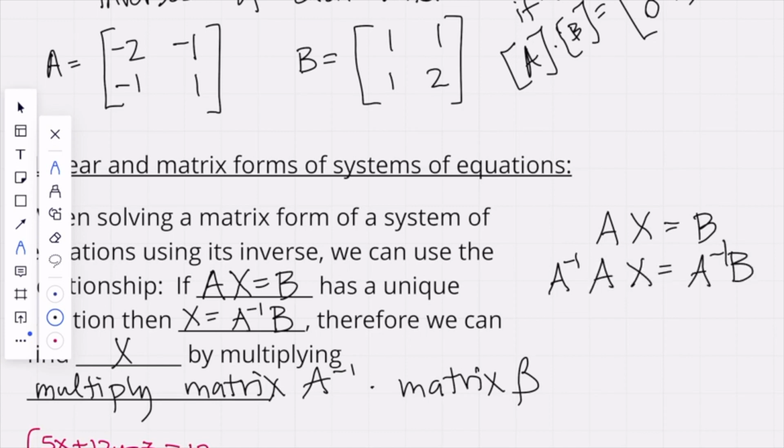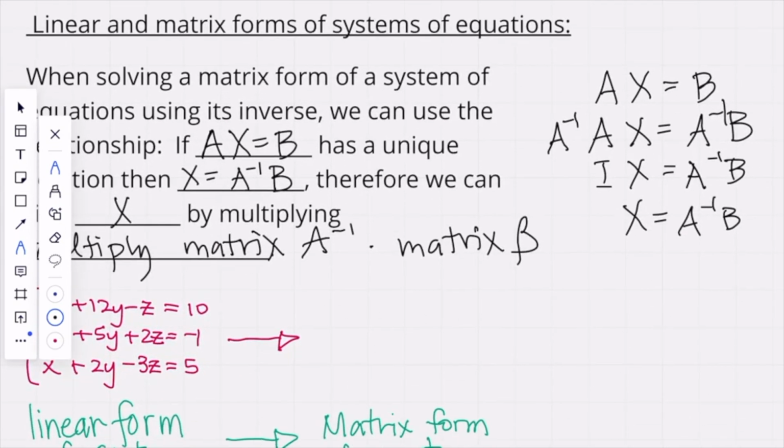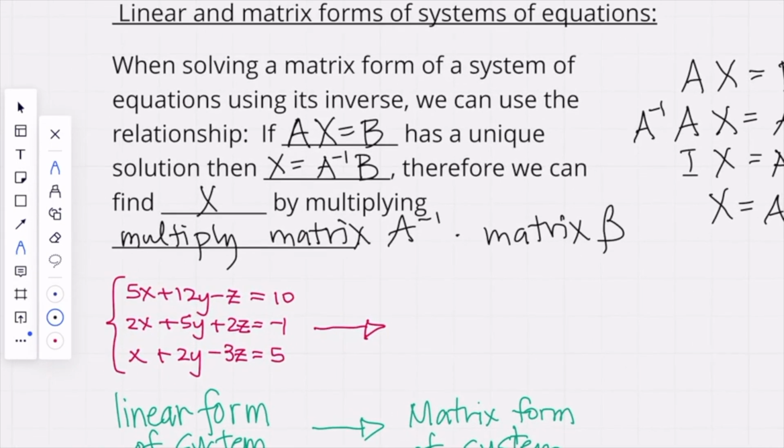Remember, A inverse times A gives us the identity matrix, and the identity matrix times anything is just going to be itself. And so A inverse times B is going to give us what our variables are equal to.